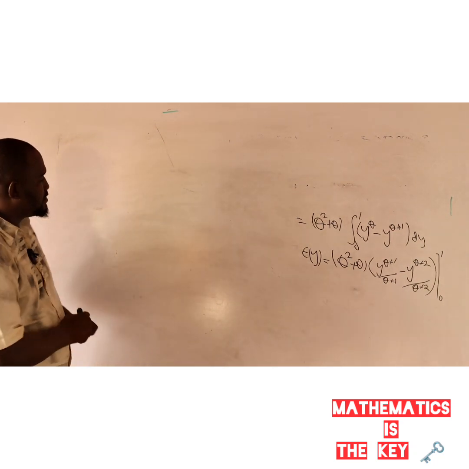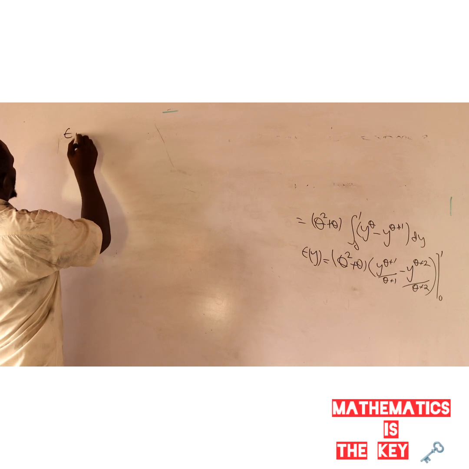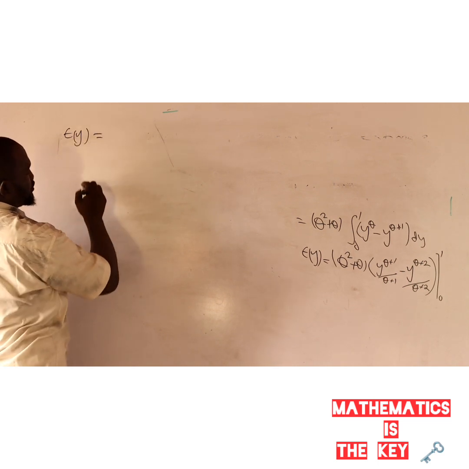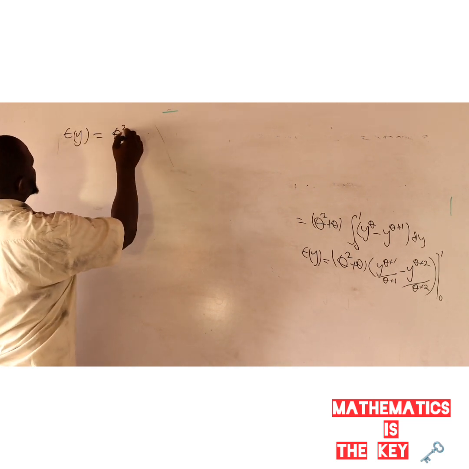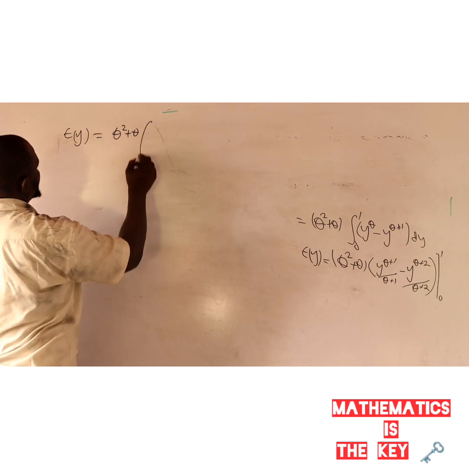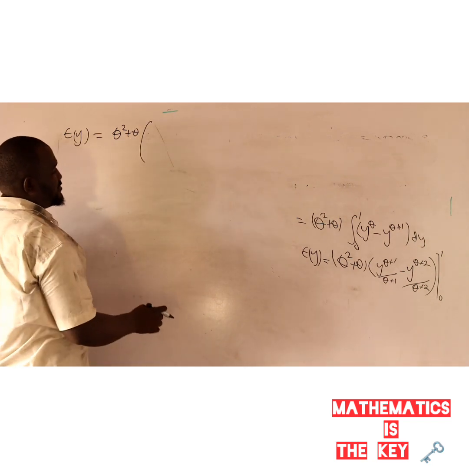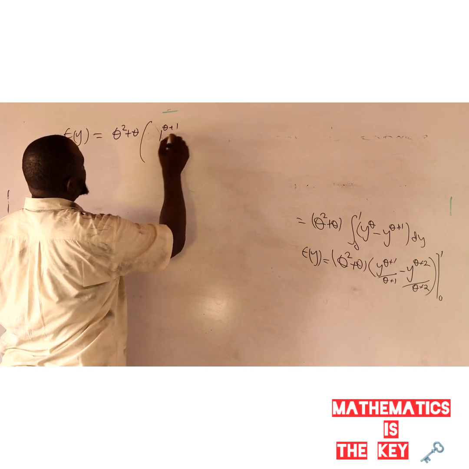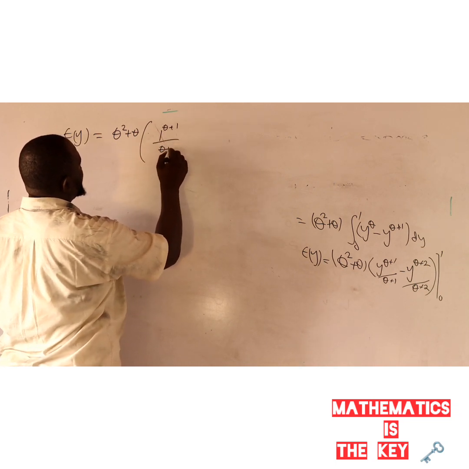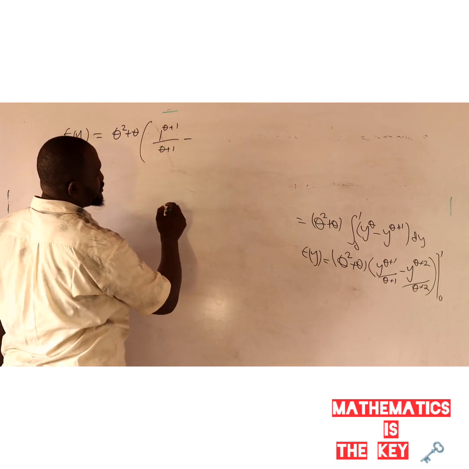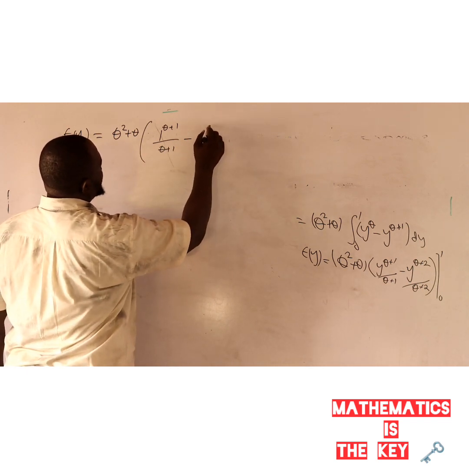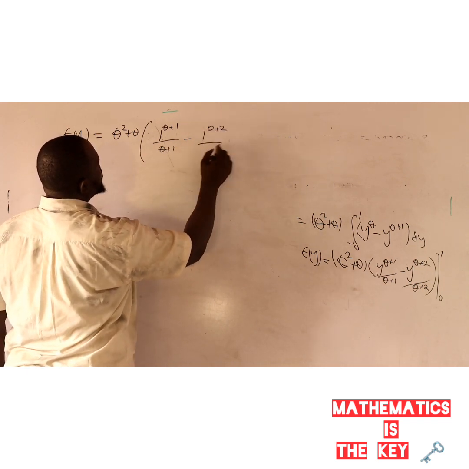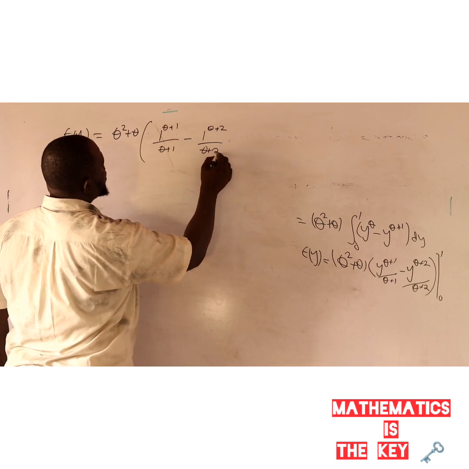Simplifying this, we have expectation of y is equal to theta square plus theta. If we put the upper limit, wherever we see y, we put 1, we'll have 1 to the power of theta plus 1 all over theta plus 1 minus 1 to the power of theta plus 2 all over theta plus 2.